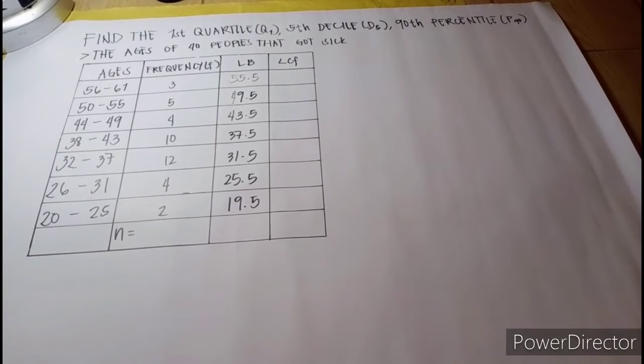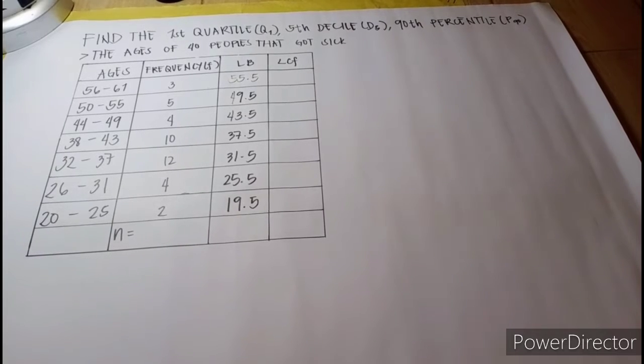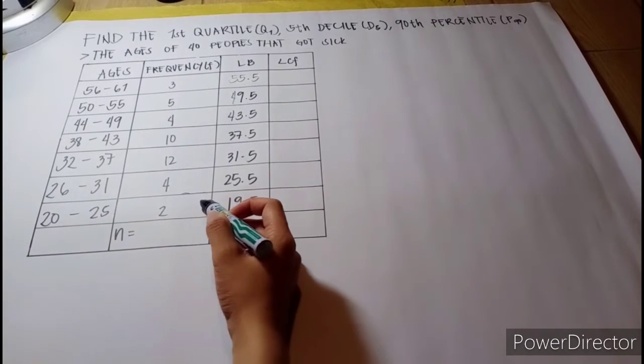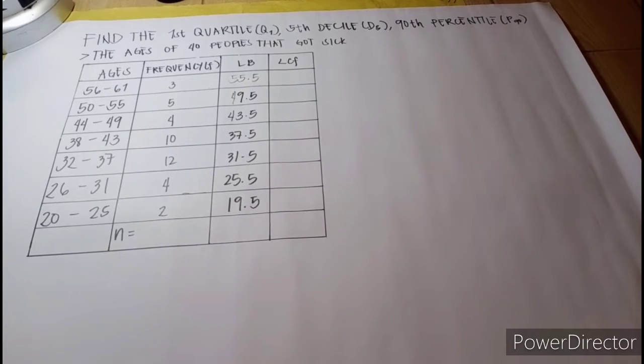After we get all of the lower boundaries, we need to find the CF, or the less than cumulative frequency. Since our lower ages are at the bottom, that is 20 to 25, this is our starting frequency, which is 2. To get the next one, we add the 2 to the next frequency.